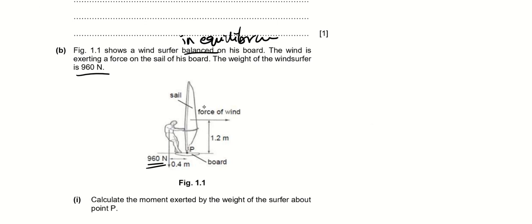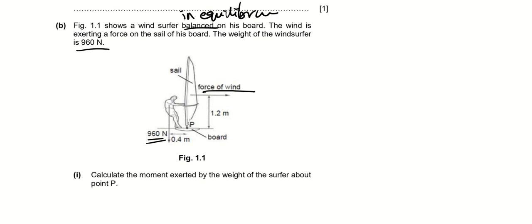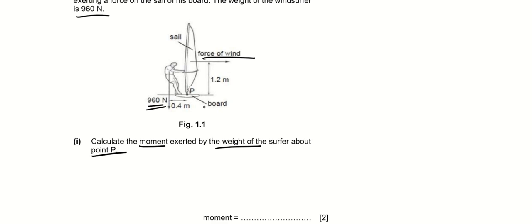So this is the force of the wind. Now calculate the moment exerted by the weight of the surfer about point P. So this is a moment question, and moment equals force times perpendicular distance. But now they just want us to find the moment caused by the weight. So the weight is 960, so we draw the line of action of the force for the weight, and this is the pivot.